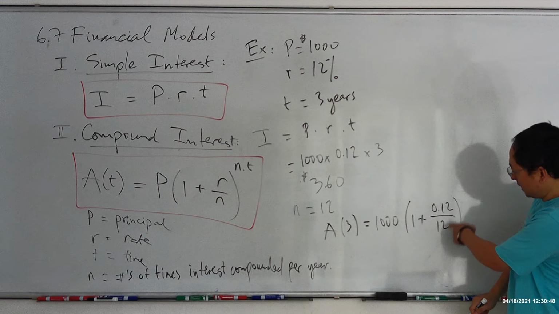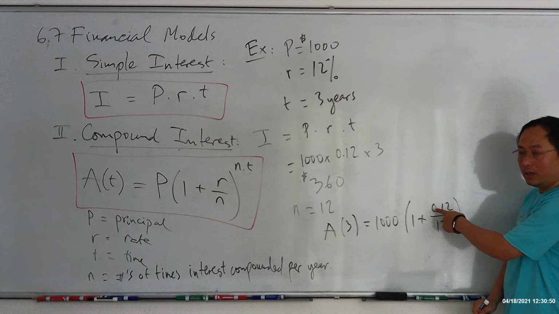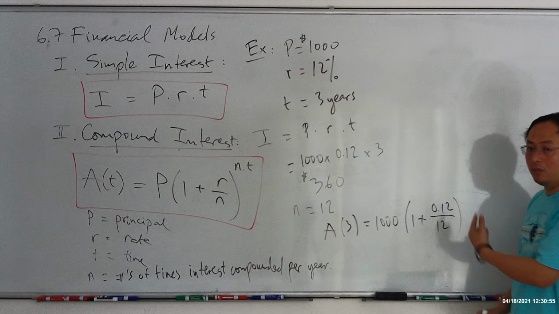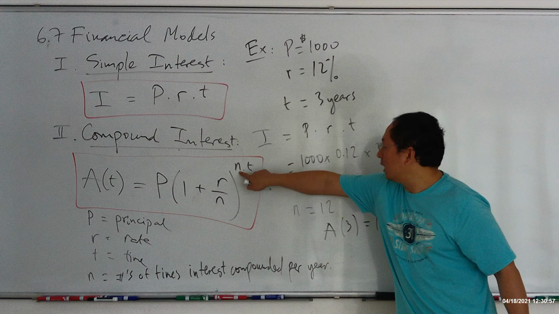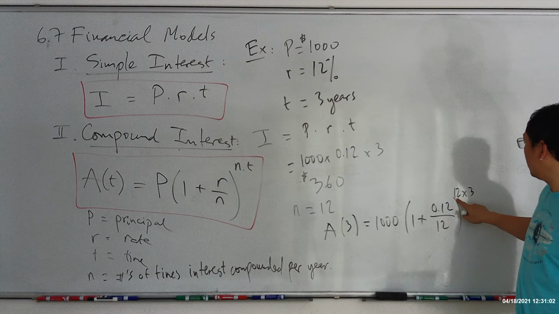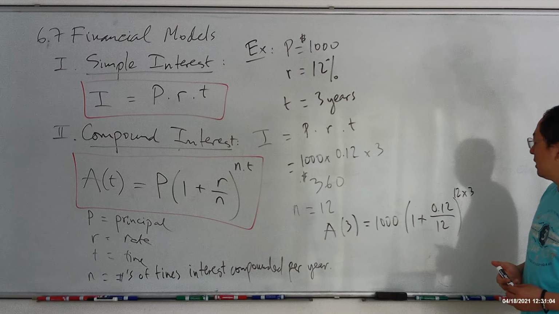You see why we have 1% right here? 12% a year, but we do math, we convert it back to decimal with 0.12 divided by 12 months, it's 1% a month. Okay, and N here is 12 times 3, right? 12 months a year, N is 12, and then times 3 years.